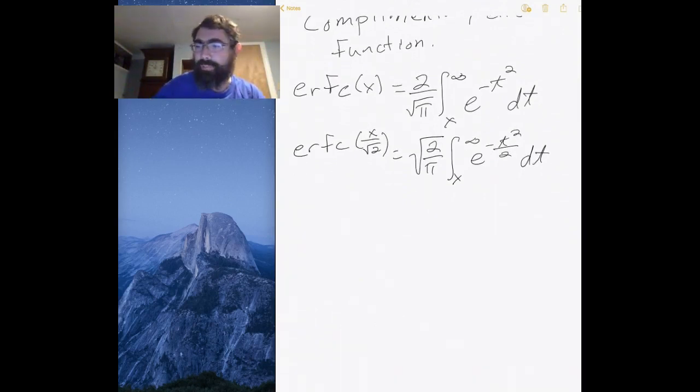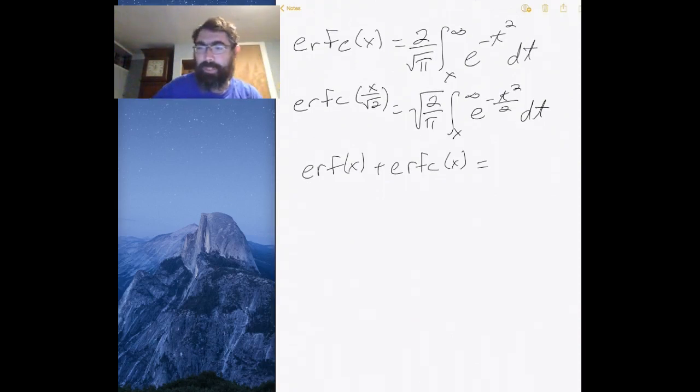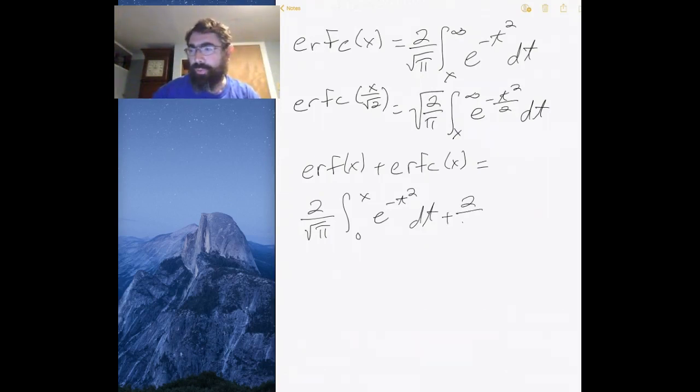Well, if I was to take a regular error function and add it to the complementary error function, the value that I would get is, well, let's put this together. I would get 2 over the square root of pi, integral of 0 to x, e to the minus t squared dt, plus 2 over the square root of pi, the integral of x to infinity, e to the minus t squared dt.